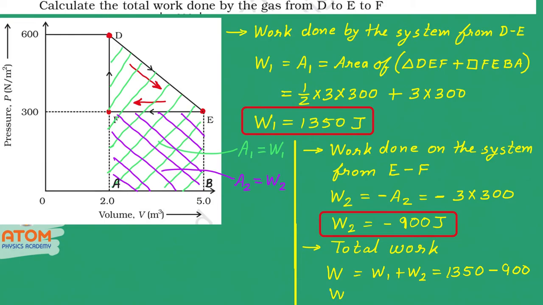So that gives us 450 joule. So the total work is 450 joule. That is our final answer. Here the total work is positive. That means this is work done by the gas.